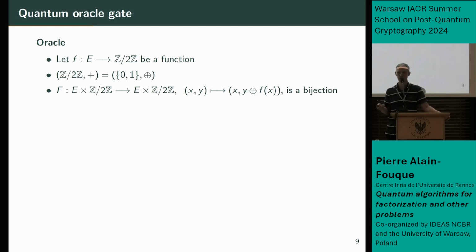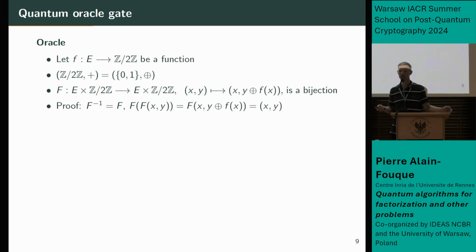And the idea is just to copy the first qubit, and to add the result to the second. Okay? And it's not difficult to see that it is a bijection, and maybe you did it before.